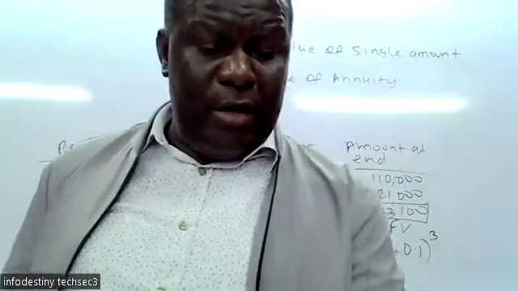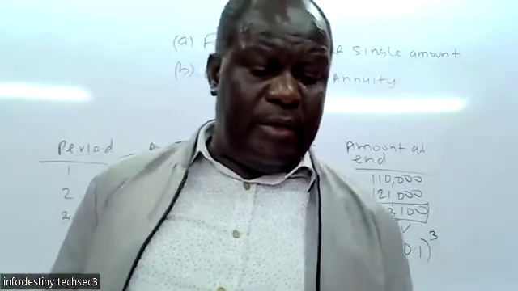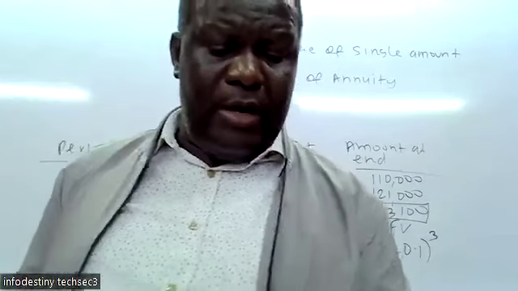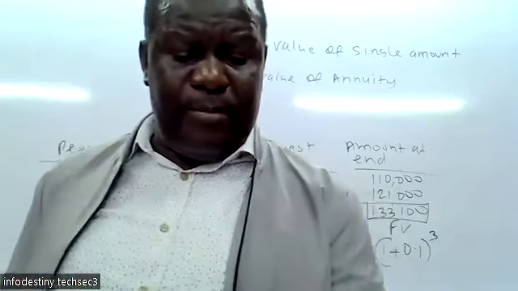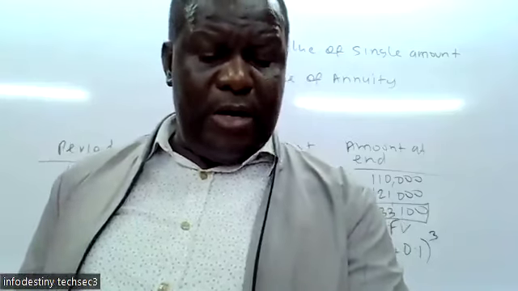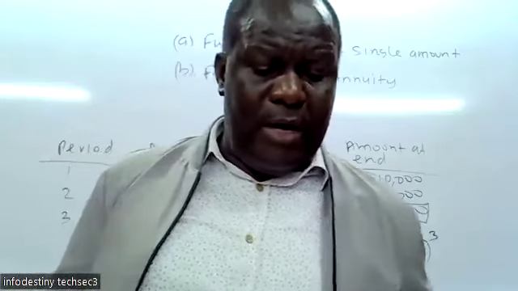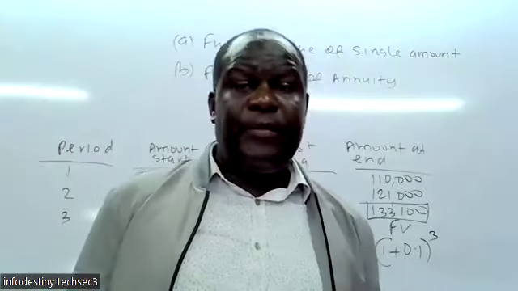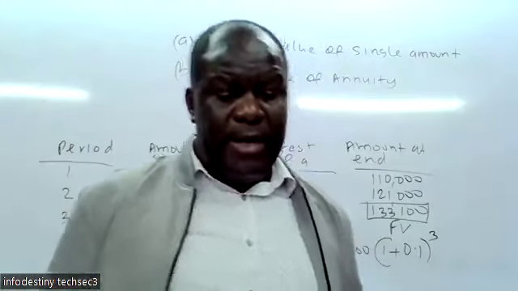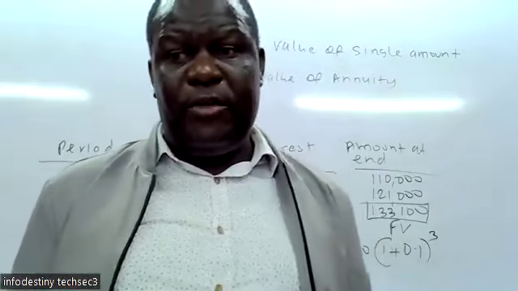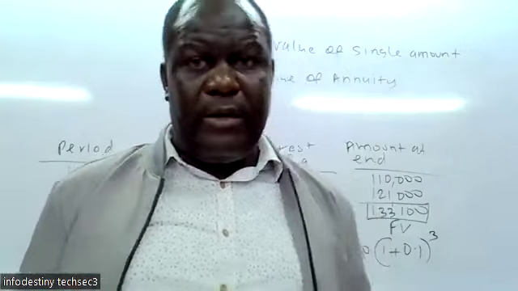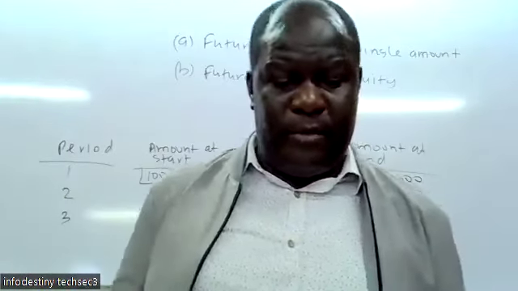Under the ordinary annuity, we summarize that it is where cash flows will occur at the end of each period.